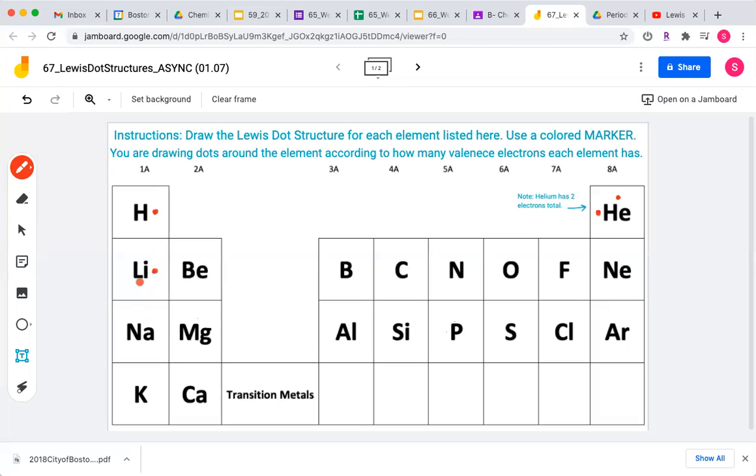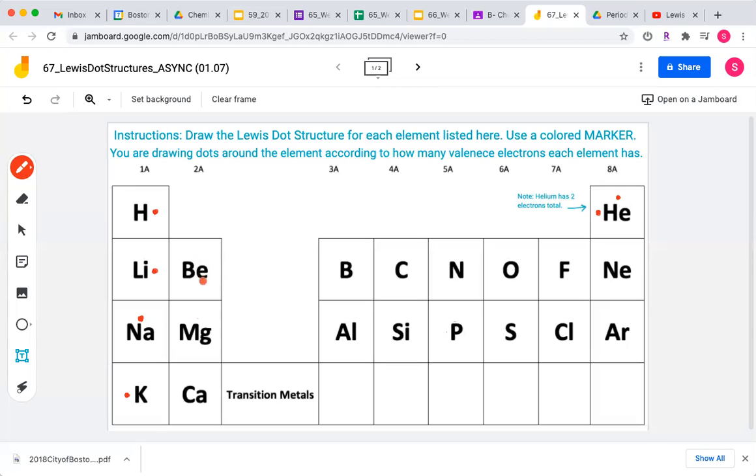So I drew one dot next to lithium, and for sodium, I'm going to draw the dot above. And then for potassium, I want to put the dot right on the left side. All right, so these are Lewis dot structures of these elements.